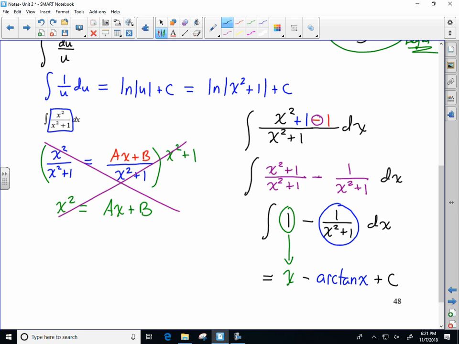But I'll show you in a minute how it can be used in other cases also. But it's that power relationship that allows the whole thing to work. It's basically, can I manipulate the top in such a way that part of it will be the same thing as the bottom? If the answer is yes, then that's a good method to use.